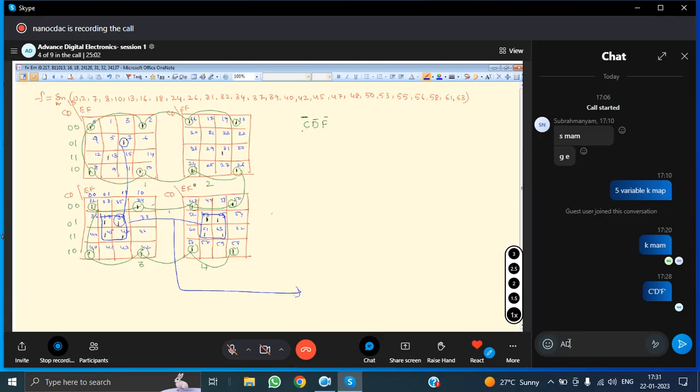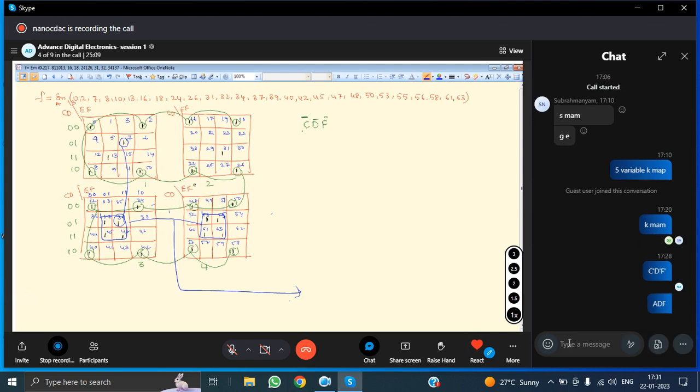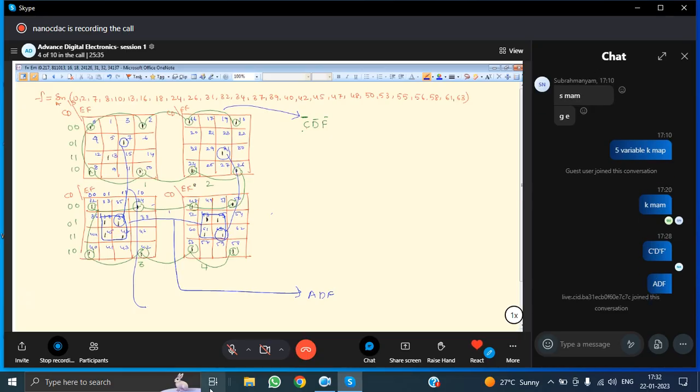Okay, ADF. Okay, for this it is ADF. దీనికేమో C bar, D bar, F bar. And coming here we have ఇంకోటి ఏంటంటే 31 ఒకటి 63 ఒకటి we can map this one also. Okay, so tell me the equation for this one. 7, 39 మ్యాప్ అయింది కదా ఒకటే ప్లేస్ లో.